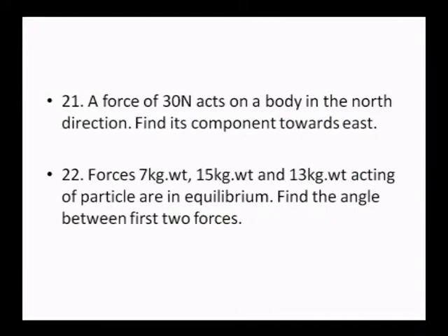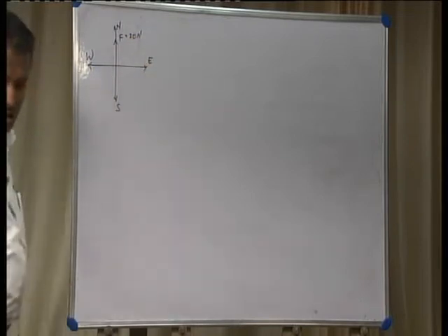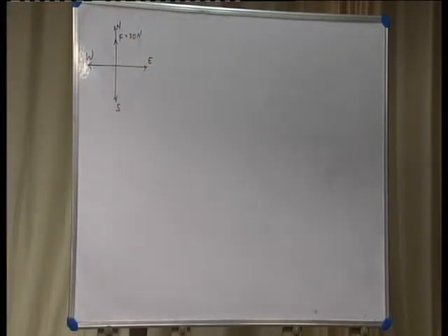This is north, this is south, this is east and this is west. What is given is a force of 30 Newton acts on a body in the north direction. So, here F is equal to 30 Newton towards north. Find its component towards east.